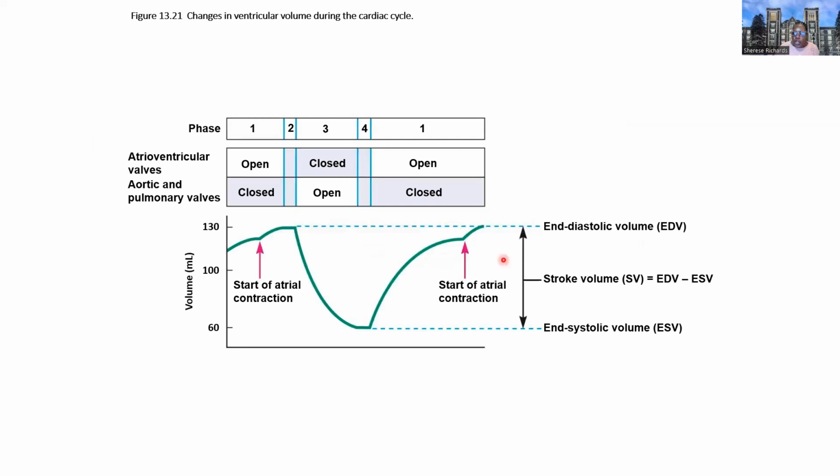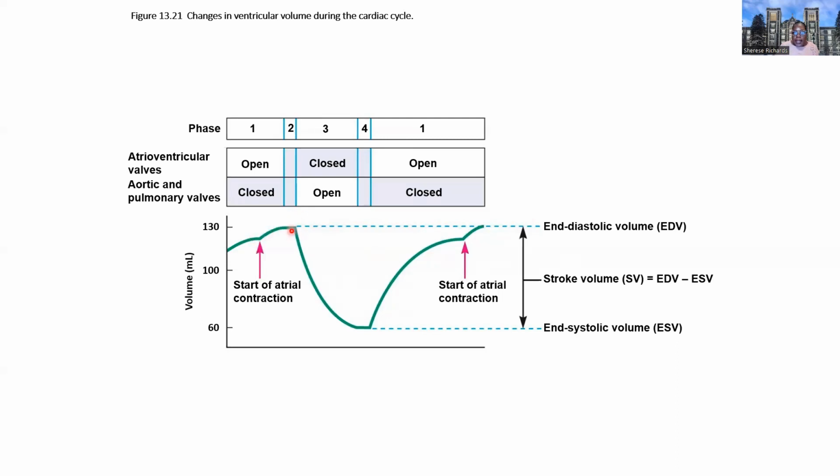Okay, so just to identify those volume changes here, and then how they match with the cardiac cycles up here. So we have the start of our atrial contraction, and this is also corresponding to the filling of blood, right? We have phase one here. We begin filling blood, and then that becomes more of a contraction towards the end.